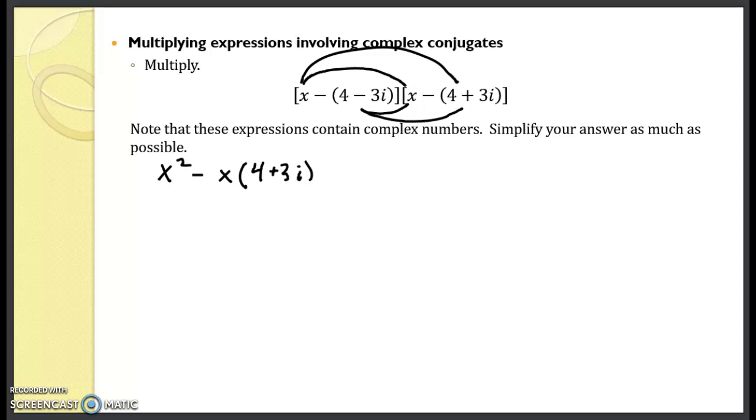We did the minus because we have some minuses in between, not pluses. And then we're going to minus 4 minus 3i times x. And then we have a negative times a negative, so we're going to add 4 minus 3i times 4 plus 3i.